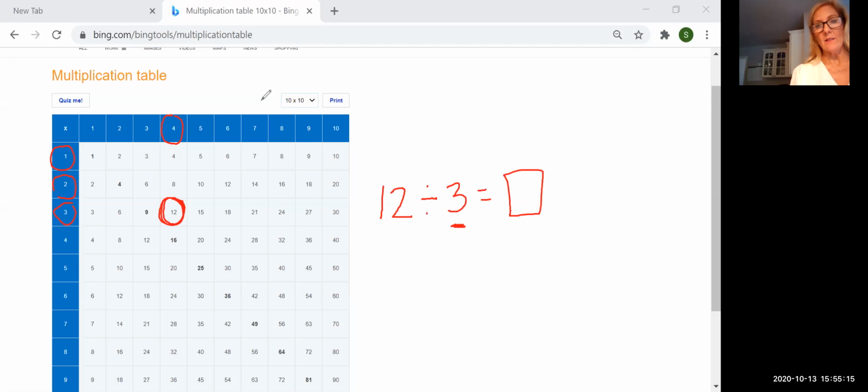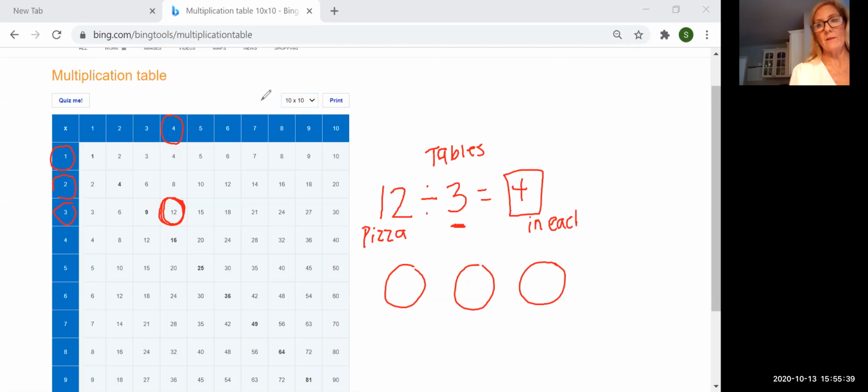So let's say this is 3 groups, and we'll have our groups be tables, and there's 12 pizzas. So 12 pizzas divided by 3 tables is going to be how many pizzas on each table, and the answer will be 4 in each group, right? So in a division problem, you're basically missing the information given by one of the factors.